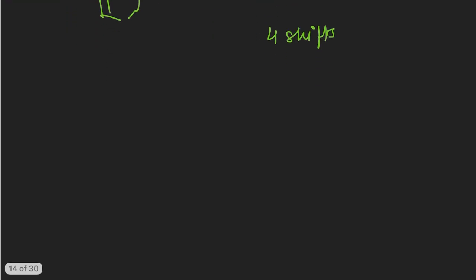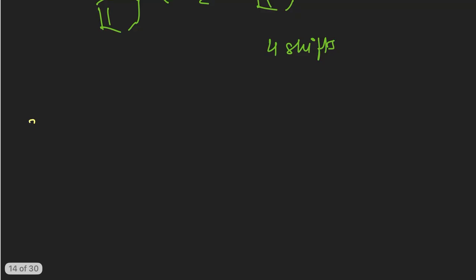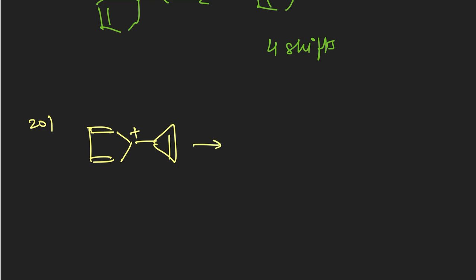Next, 20th problem. We have this carbocation. Yes, it's going to shift because it is anti-aromatic. When it shifts to the next one, it will make the next one aromatic, and it will become non-aromatic. 21st.